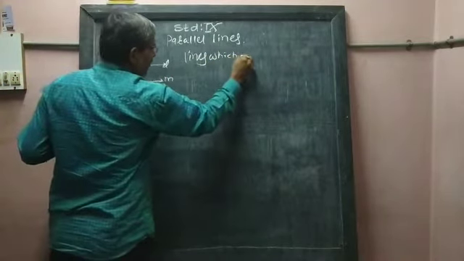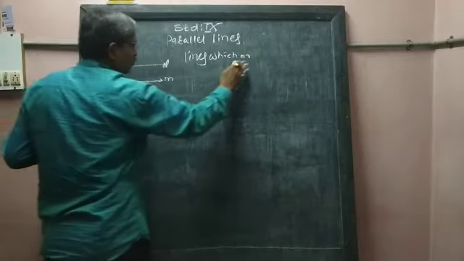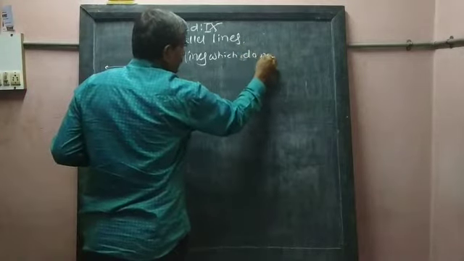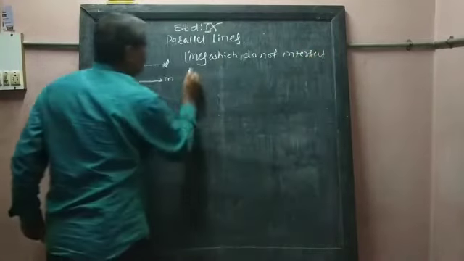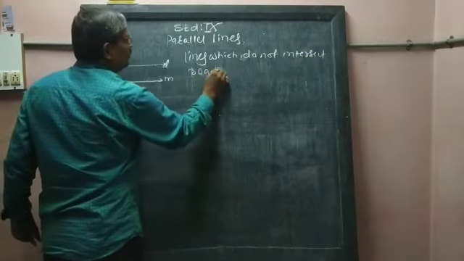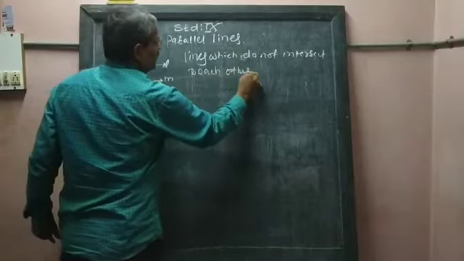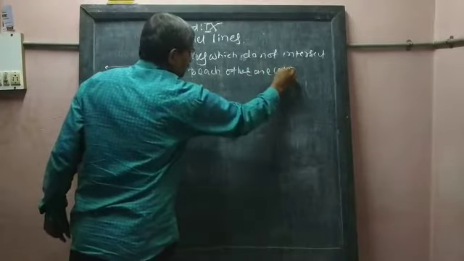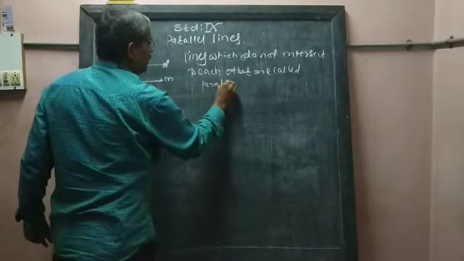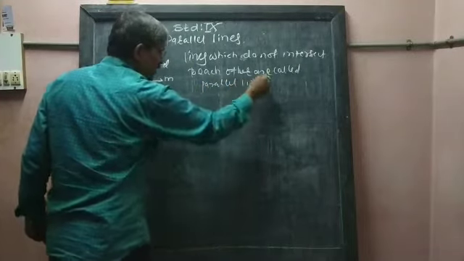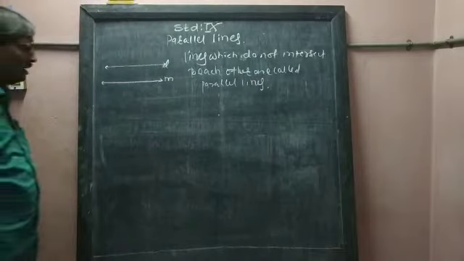Lines which do not intersect each other are called parallel lines. What is the symbol of parallel lines?